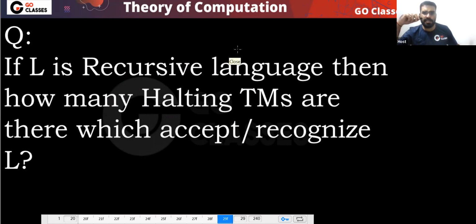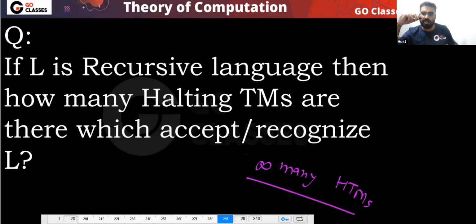If I add unreachable states, will it become a non-halting Turing machine? No. It will still remain a halting Turing machine. So again, infinitely many halting Turing machines you can create.